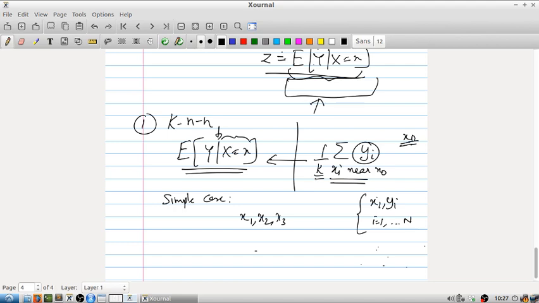Then you can approximate the expectation of y given x is equal to x0 as just the average of those 3 particular x's in my data set which were the same as x0. Then I can just take the average.